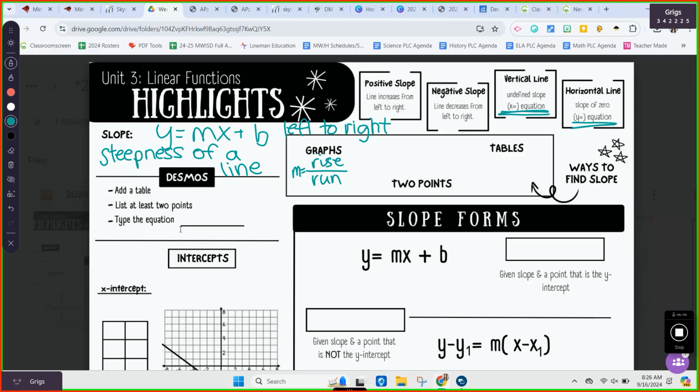On a graph we could do our jumps. Then if I'm given 2 points, 1, 2, 4, 9, I would take those 2 points and plug it into what equation? y2 minus y1 over x2 minus x1.